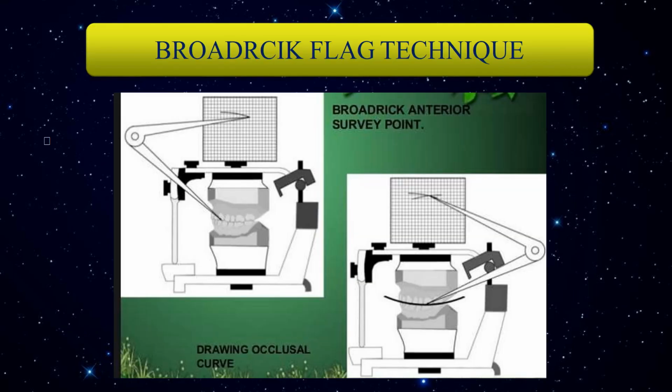This is another technique, Broderick's flat plane technique. Again, this technique follows the curve of Spee. Here, first on the canine tip you place a compass, you attach a graph paper on the articulator, and you mark a curve. Then you place the compass on the mesiobuccal cusp of the first molar and draw another curve. This is the center of rotation of your arc.